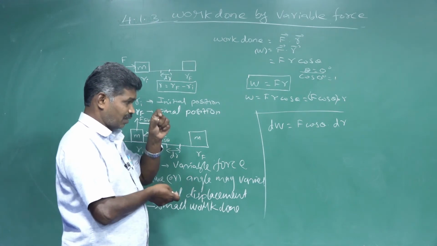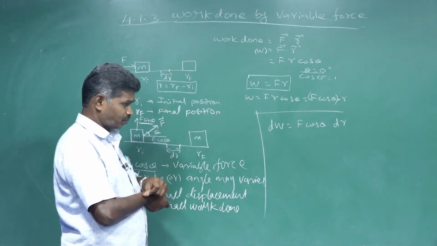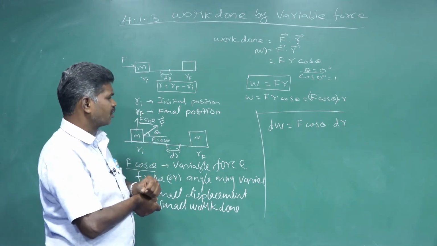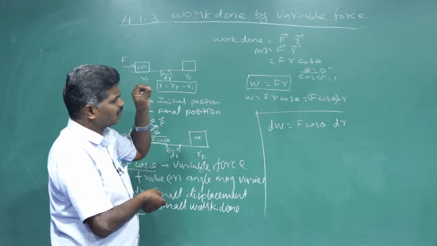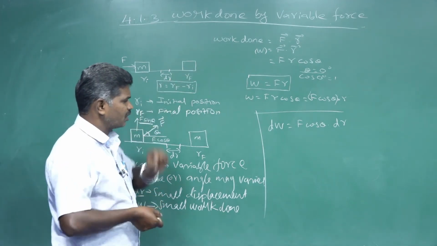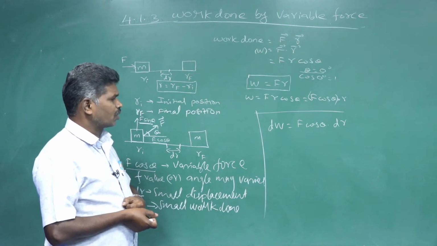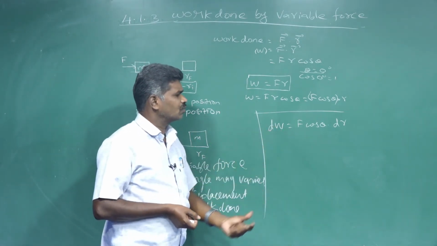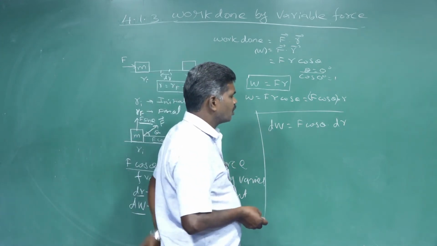We take a very small distance, dr. That displacement is represented as dr, a small displacement. By applying F cos theta, if it makes a small displacement, the work done is taken as a small amount of work done. Then dW is equal to F cos theta into dr.